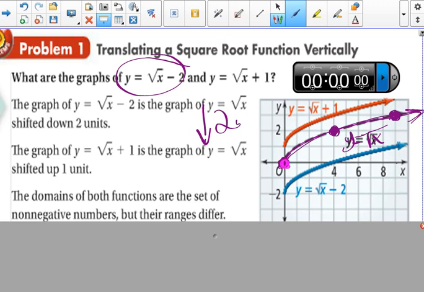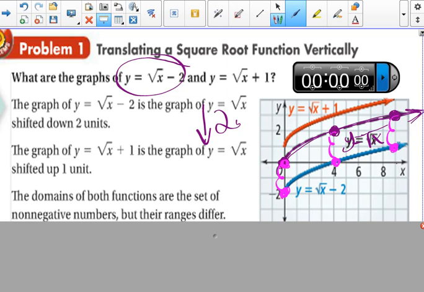So here's this point, and I'm going to go down 2. 1, 2, and plot my new origin there, or vertex, I should say. And now I'm going to go to my next point and down 2 and plot that point. And my other point down 2 and plot that point.